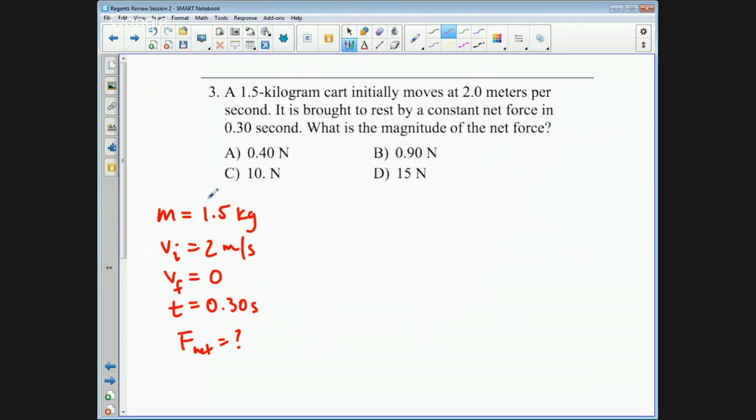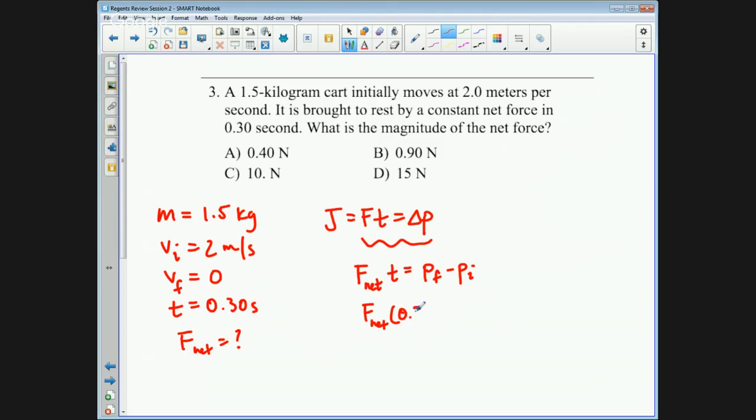So this happens to be an impulse question. Impulse equals F net times t equals delta P. We're using this part of the formula. F net times time equals P final minus P initial. F net is what we're solving for.